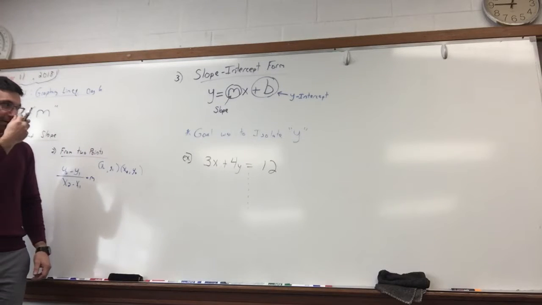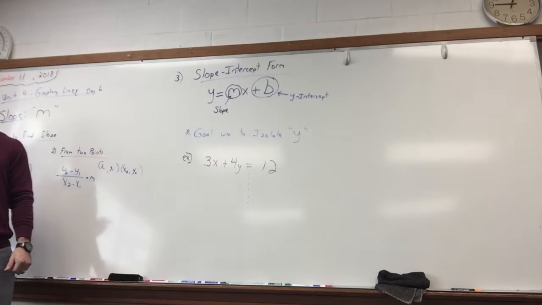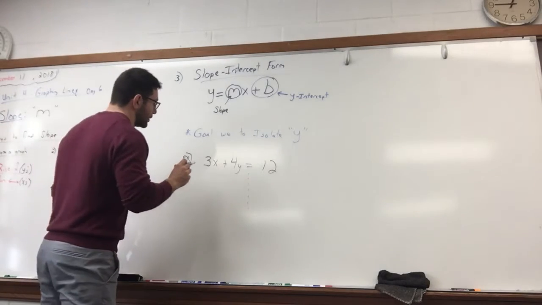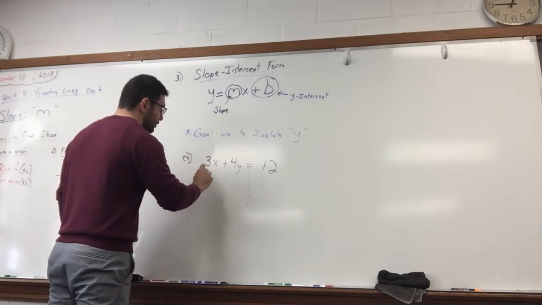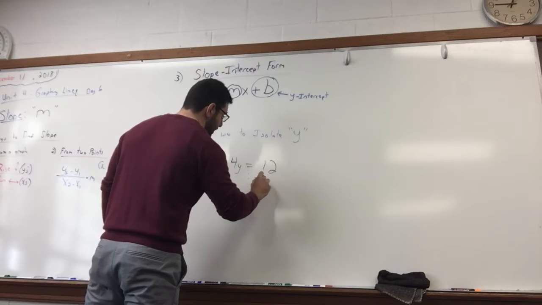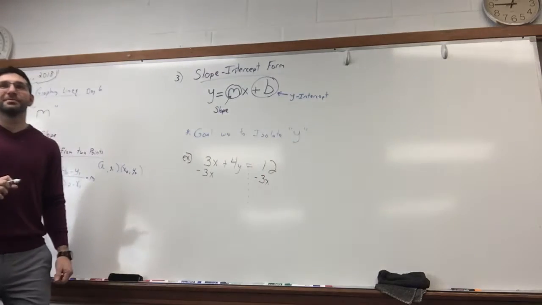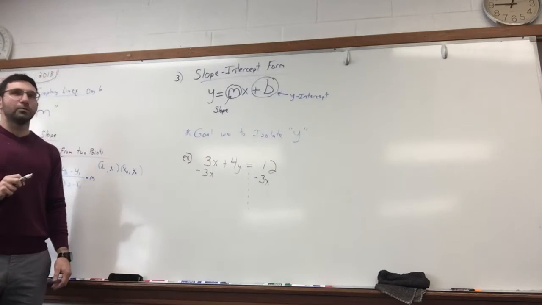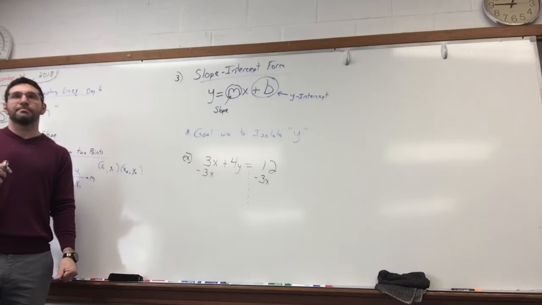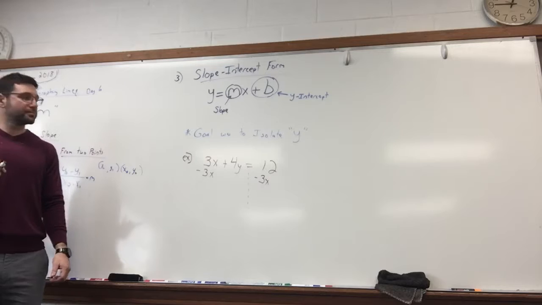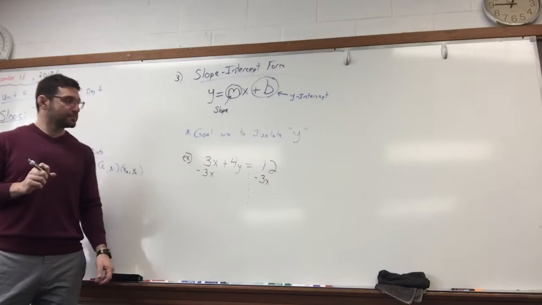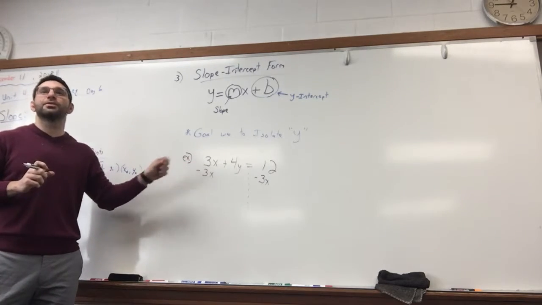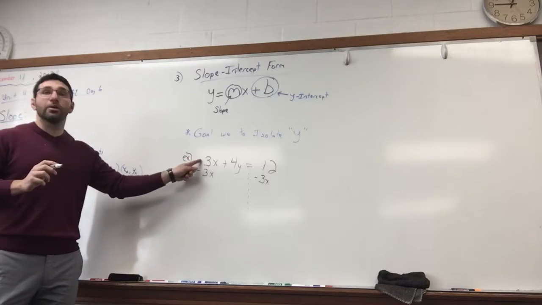Bianca, what should I do next? Subtract 3x on both sides. Okay, I'm not going to say you're wrong. Why am I subtracting 3x though? Why am I not adding 3x? Oh, because it's already positive.